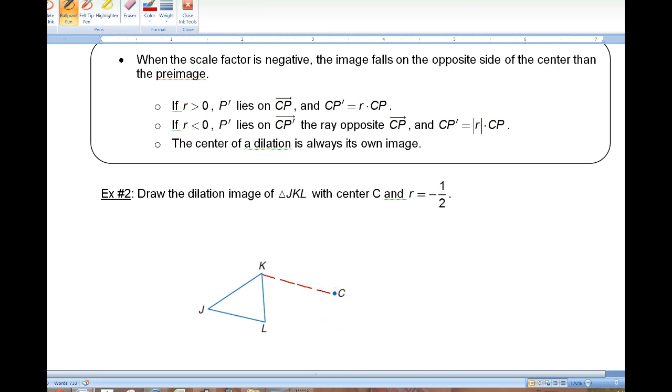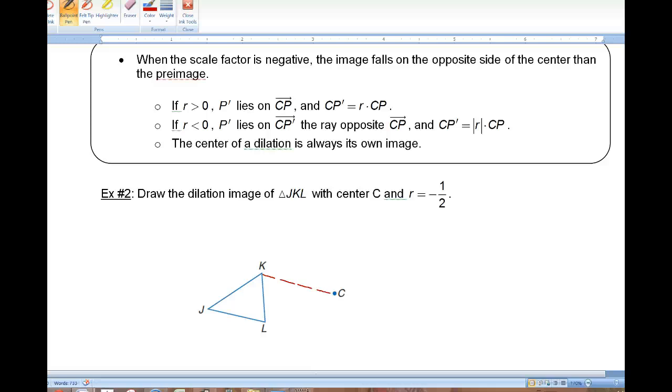At the same time, if you could measure from K to C, that helps. What's the measurement from K to C? A little more than an inch, barely over an inch. So you want to continue that dotted line for half that length.